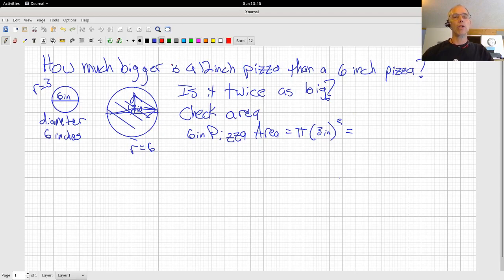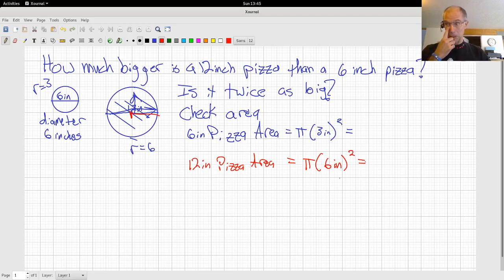And then let's compare that to the 12-inch pizza area. So that would be pi times the radius, the distance from the center to the edge, which is 6 for a 12-inch pizza. So 6 squared is 36, times 3 is what?